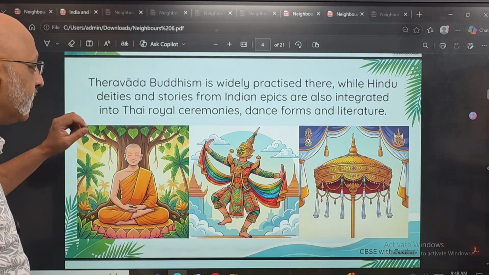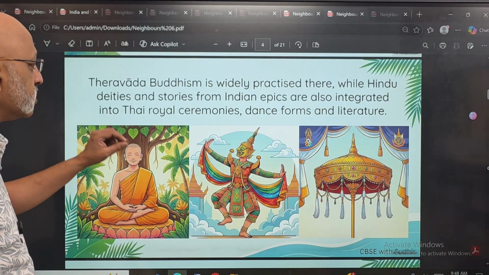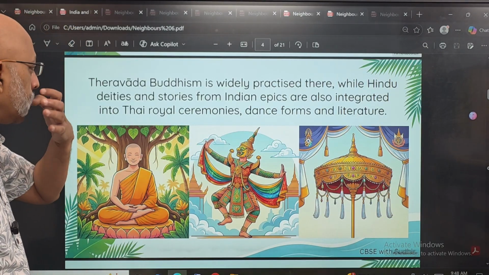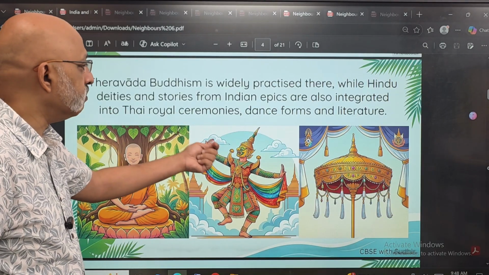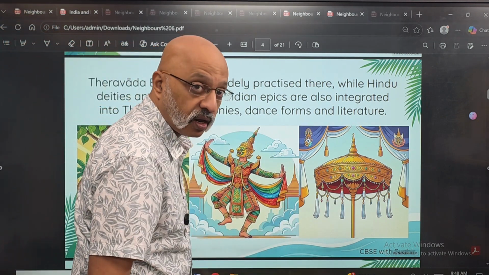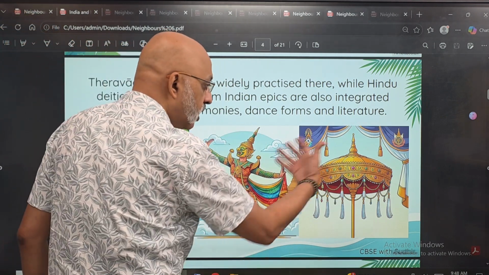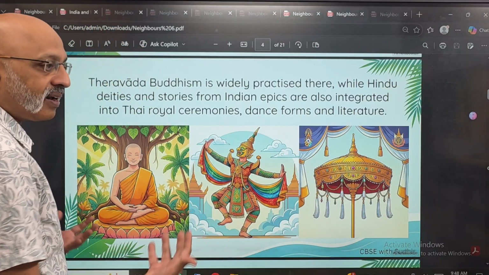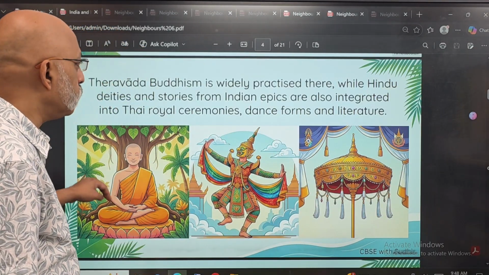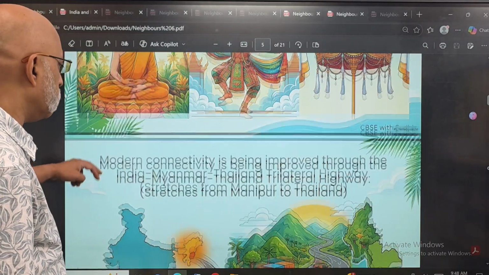Theravada Buddhism is widely practiced there, while Hindu deities and stories from Indian epics like the Ramayana or the Mahabharata are also integrated into Thai royal ceremonies, dance forms, and literature. Their dresses, again, very colorful, very rich looking, right? So you can see in their entire culture, music, dance, there's a lot of Indian influence, Buddhist influence of course.